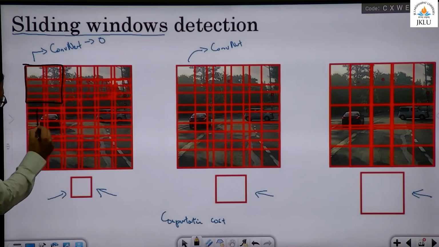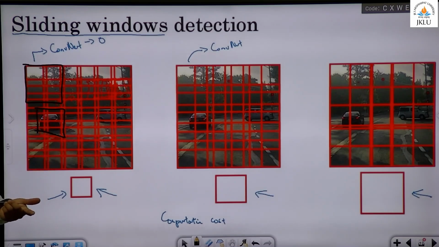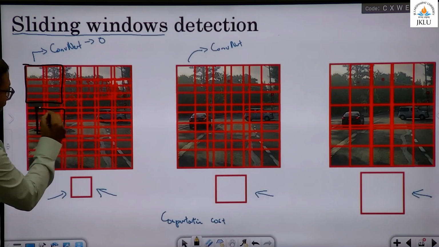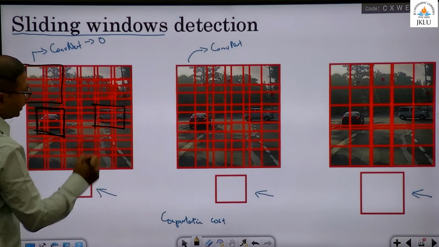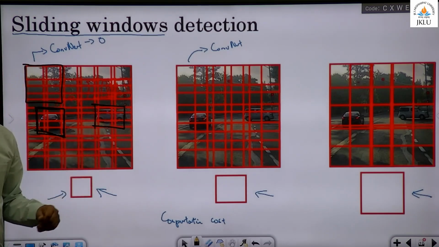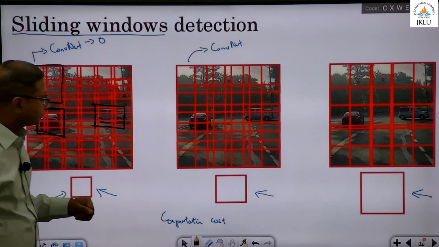At some point I hope that I will reach here and there is a car. So I will say yes in this case. And where is the bounding box? The sliding window itself, right? This window itself will be the bounding box. Hopefully it will also occur somewhere here and this car will also be detected.